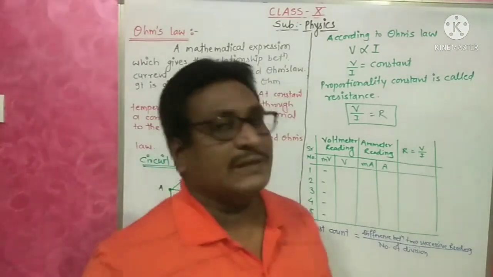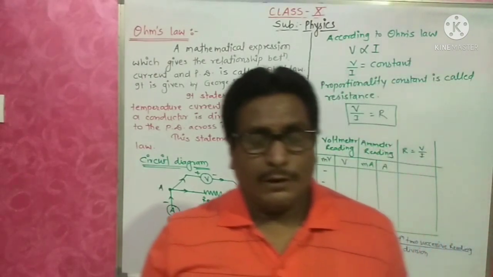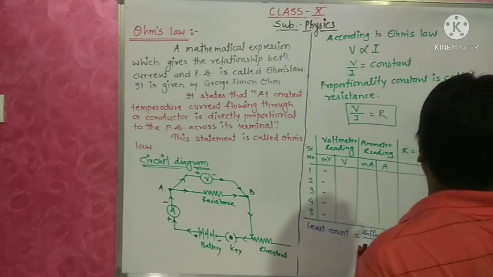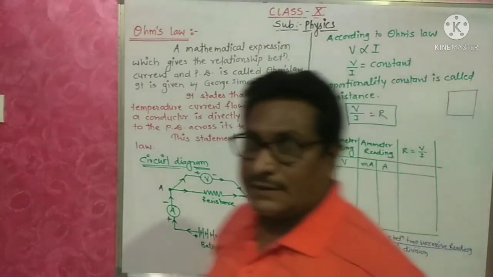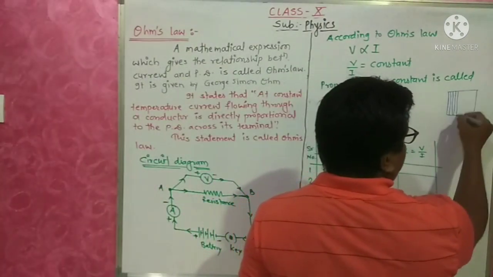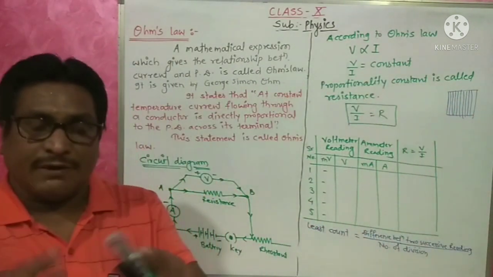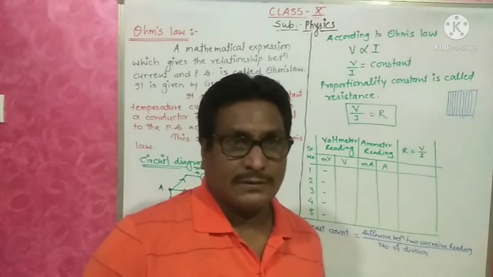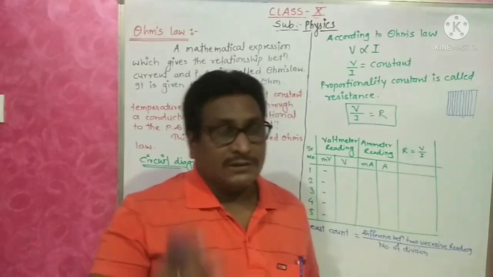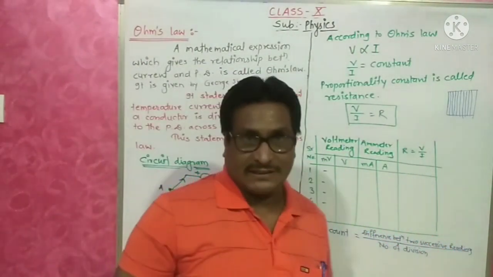What is the meaning of least count? In the graph, there is a 1 centimeter box. In that 1 centimeter box, small lines are there, 10 lines. On the scale, in between 0 and 1, small 10 lines are there. To find out the value of one small line is called the least count.